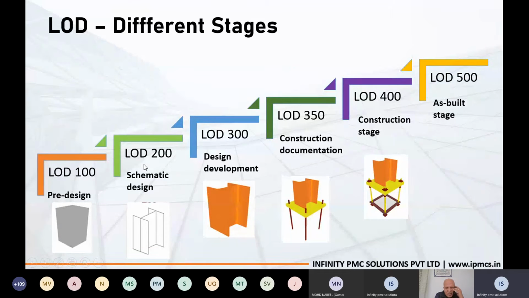When I move forward, it is LOD 200, the schematic design, which gives a spatial representation and also geometrical information. Further, the model is developed to LOD 300 at the design development stage, which gives more geometrical and non-geometrical information.